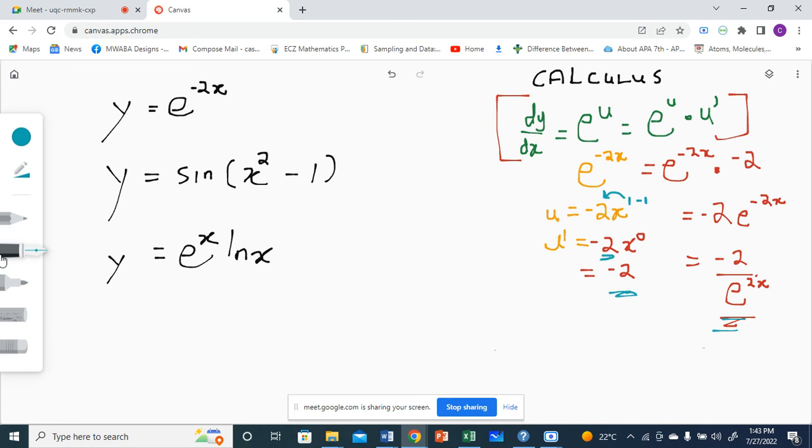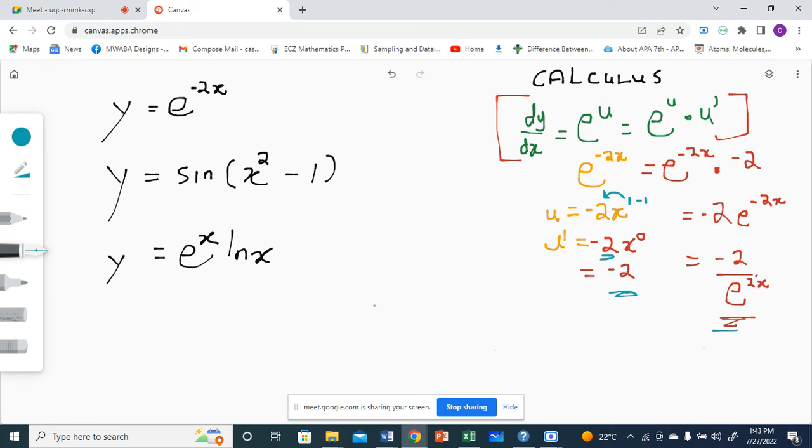All right, the next one. We have y equals sine, open brackets, x squared minus 1. Right here, this is the chain rule which we're going to need to do.